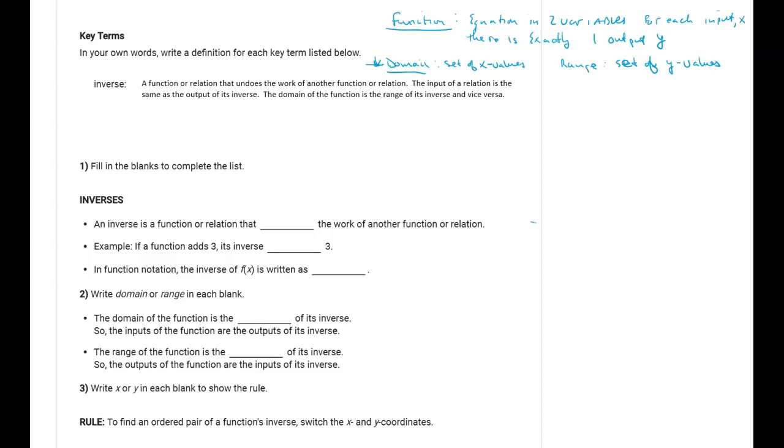Now, the inverse of a function is a function or relation that undoes the work of another function or relation. The input of a relation ends up being the same as the output of its inverse, and the domain of the function becomes the range of the inverse and vice versa.